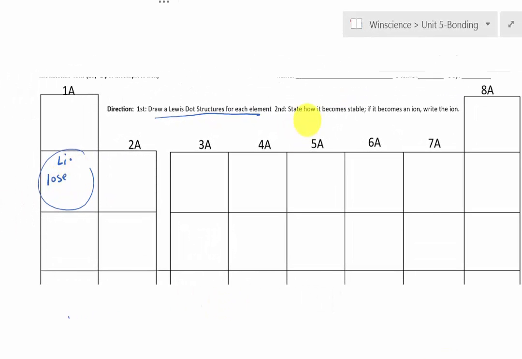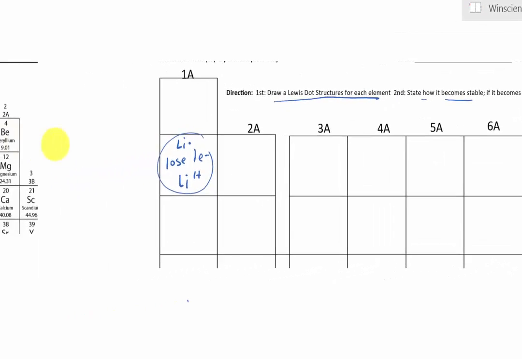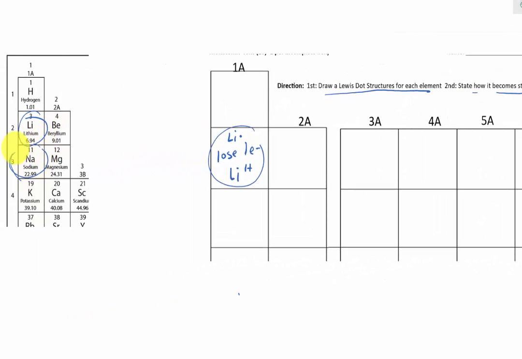That's how it becomes stable. If we lose one electron, what is the ion going to be? It's going to be Li 1 plus. Right below lithium is sodium, which is Na, and has the same Lewis dot structure. Therefore, it's going to lose one electron, and it's going to be Na 1 plus.